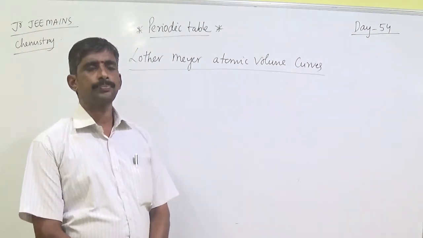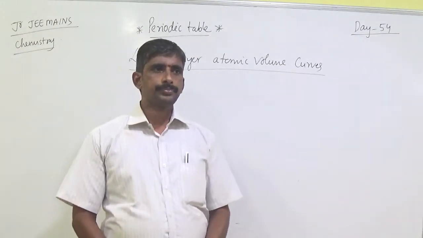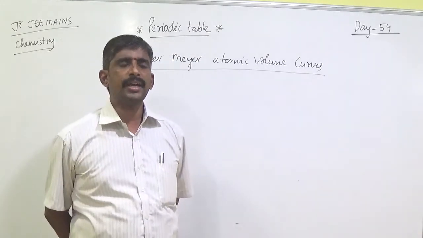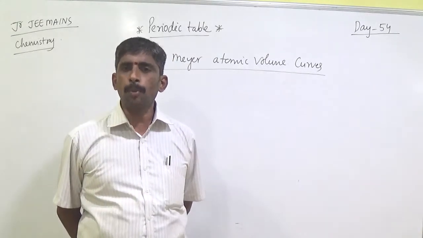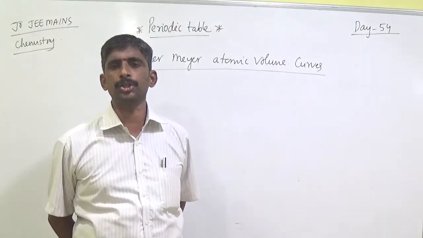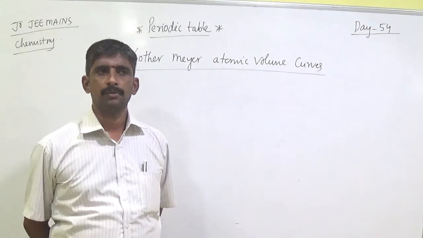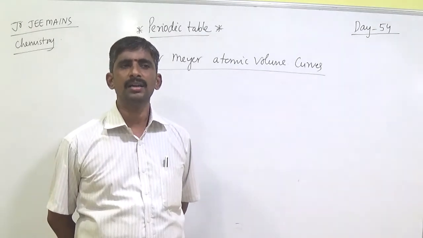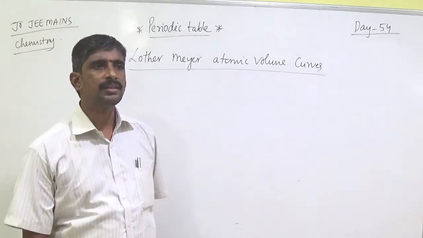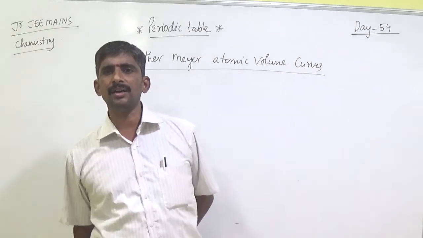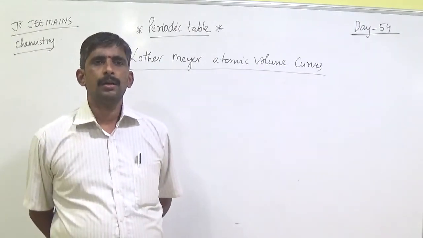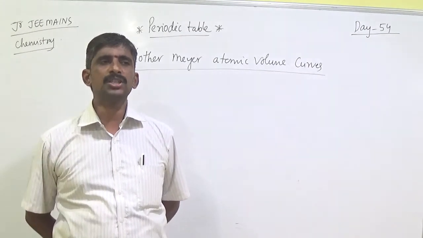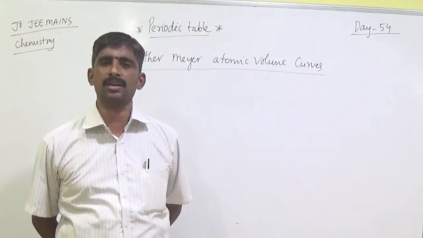Elements having similar properties are in similar positions of the curve. For example, alkali metals are at the peak of the curve.